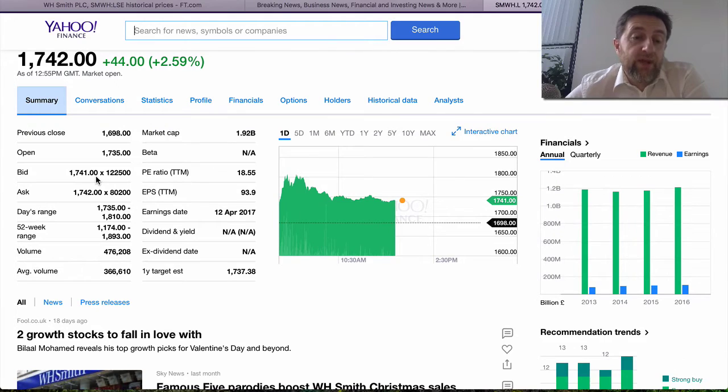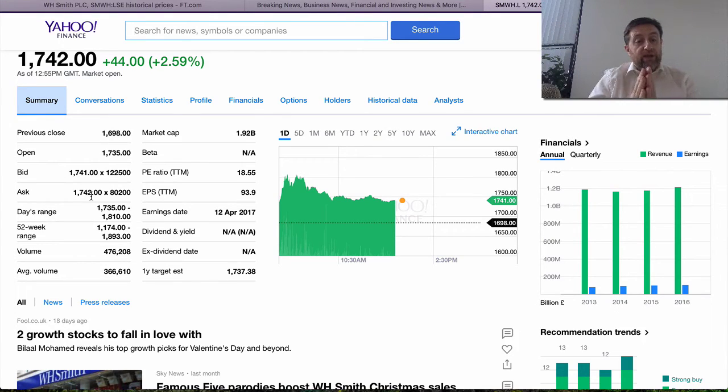There's the bid price. Now the bid price is the price in the order book where someone wants to buy. So you can see here that someone wants to buy 122,500 shares at a price of 17.41, and there's 80,200 shares available to be sold at 17.42, because you're always going to sell higher than you're going to buy.